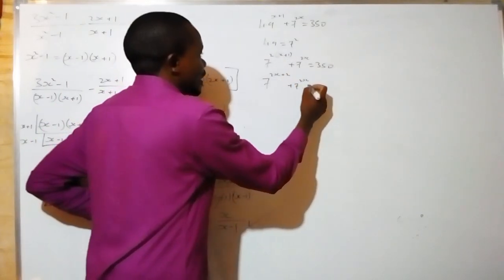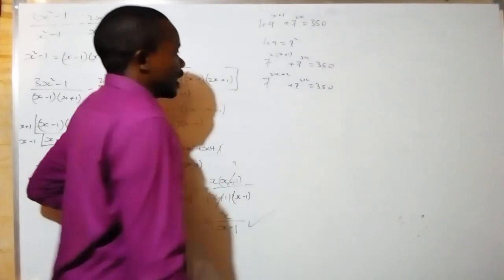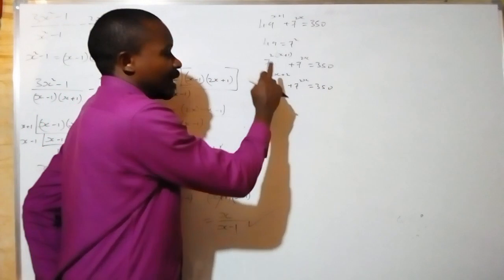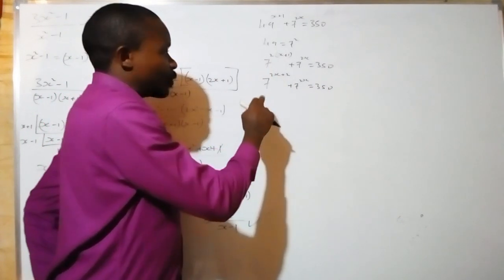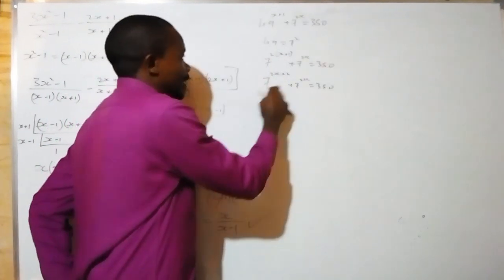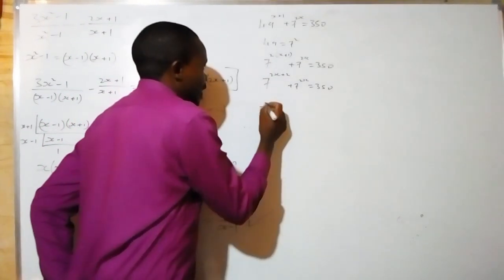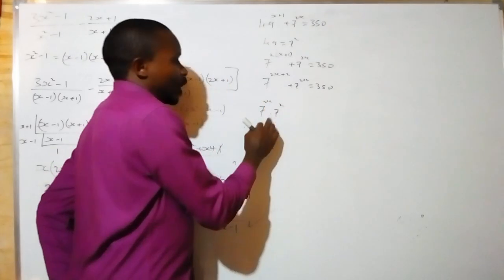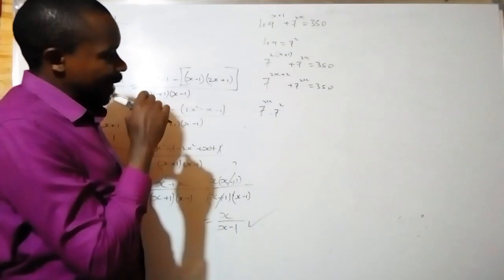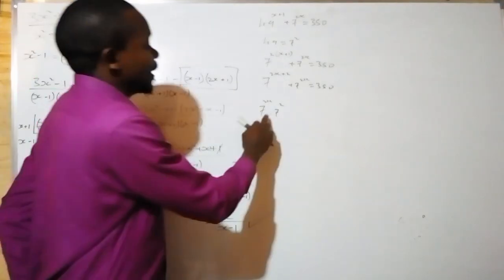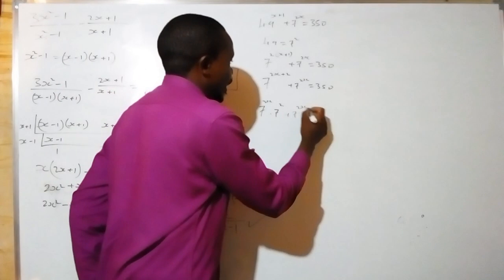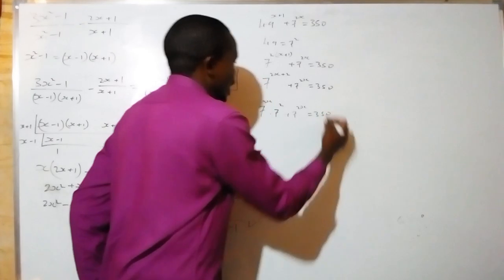According to the law of indices, where we have plus in the power, it is the same as multiplication, 7 raised to power 2 times 7 raised to power 2x, then plus 7 raised to power 2x is equal to 350.